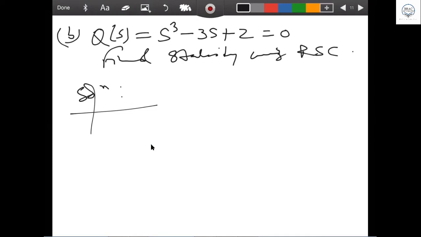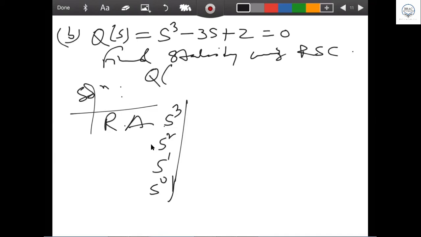What is the Routhian array? S cube divided by s square, s to the power 1, s to the power 0, right? Now, what is s cube? What is the equation? Can you tell me what is the first row? 1, 0.